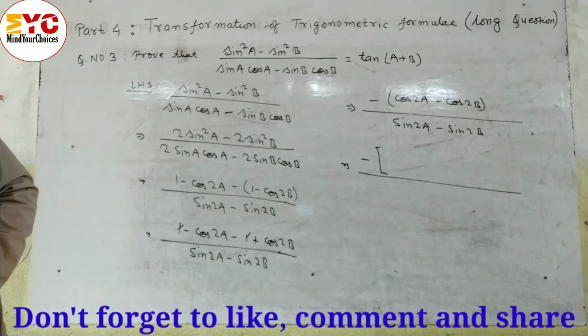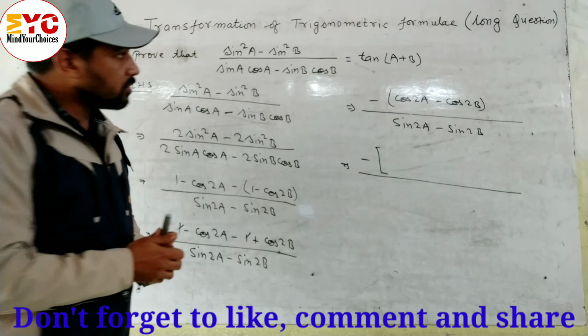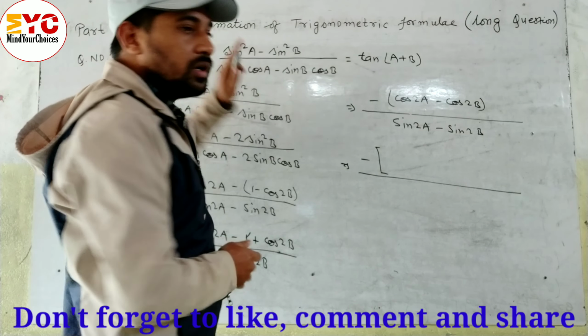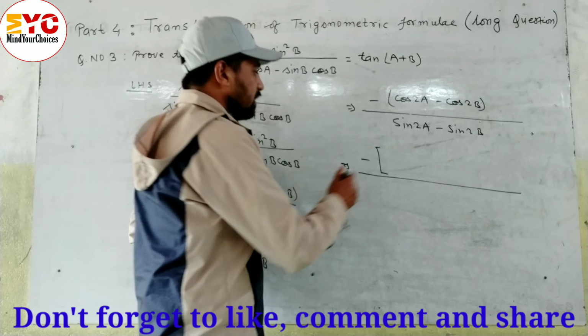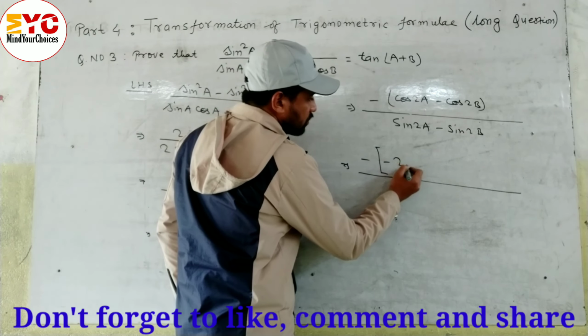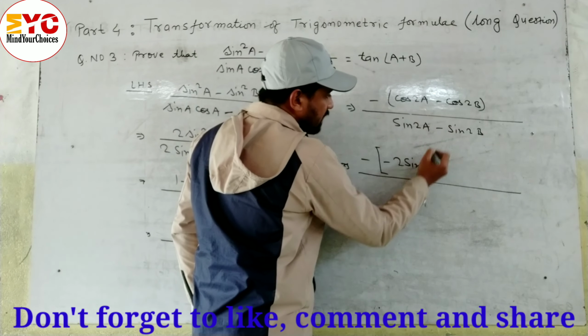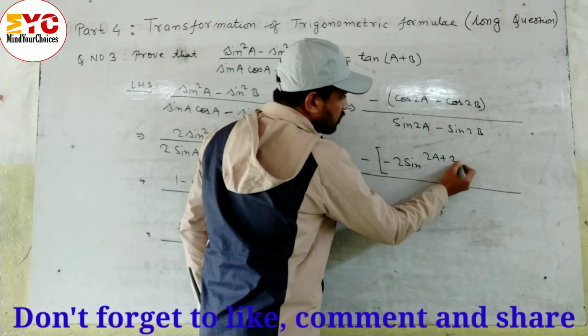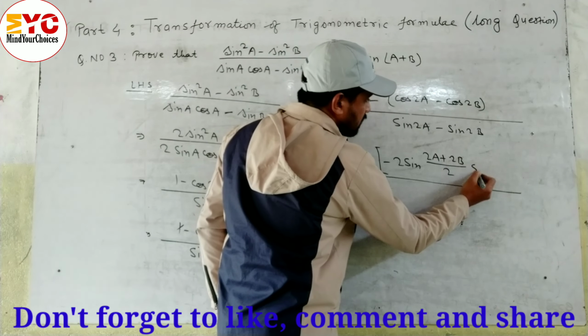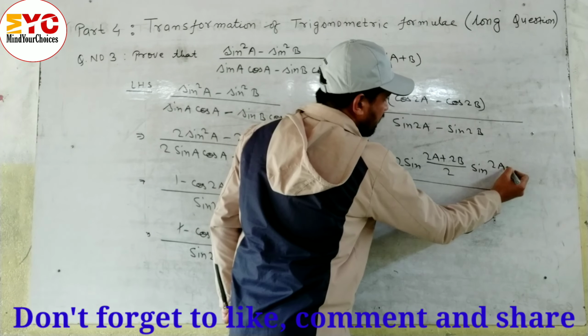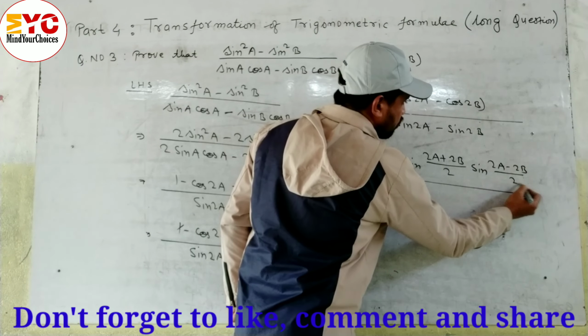You can turn the page and look at the formula which I provided while starting this part 4 short question. So here the formula is −2 sin((2a + 2b)/2) sin((2a − 2b)/2).